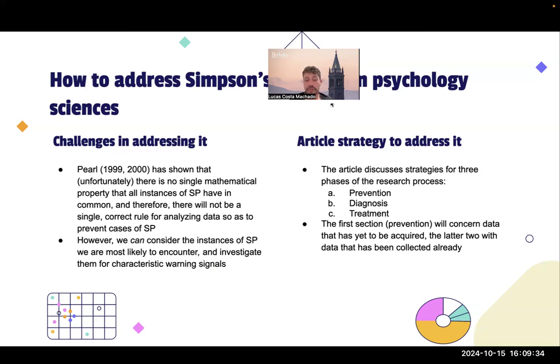One very interesting point of the article is that it brings strategies to address this problem in different phases of the research process. It has an approach for the prevention phase, before you collect your data, but if you already have the data and are analyzing it afterwards, it has strategies for how to diagnose the problem and how to treat it.